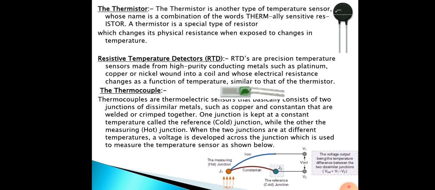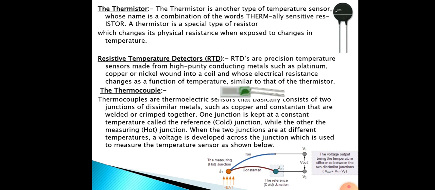Then the next one is the thermistor. Its name in combination tells you it is a thermally sensitive resistor. A thermistor is a special type of resistor which changes its physical resistance when exposed to temperature.